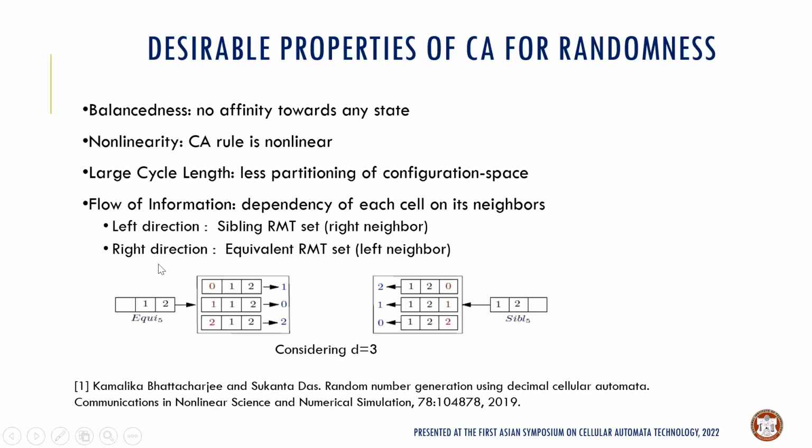Similarly, we can take the right directional information flow by observing the equivalent RMT set. Here I term this EQI and SIBLI, where SIBLI is the RMT I and its sibling RMTs, and EQI is the RMT I and its equivalent RMTs.